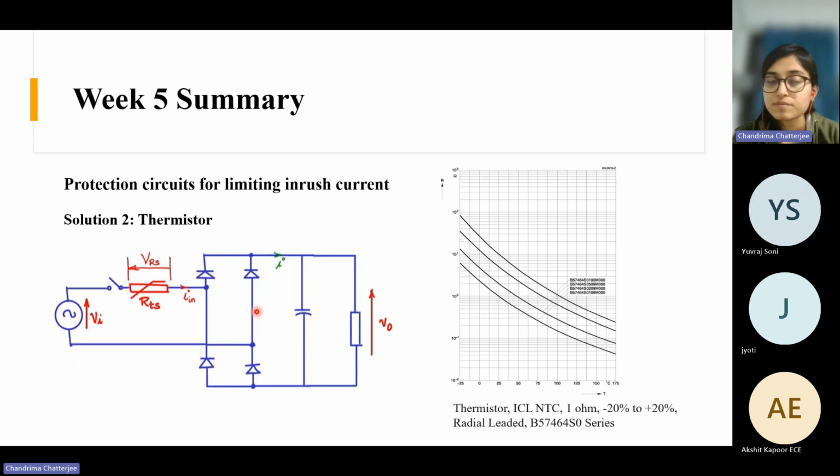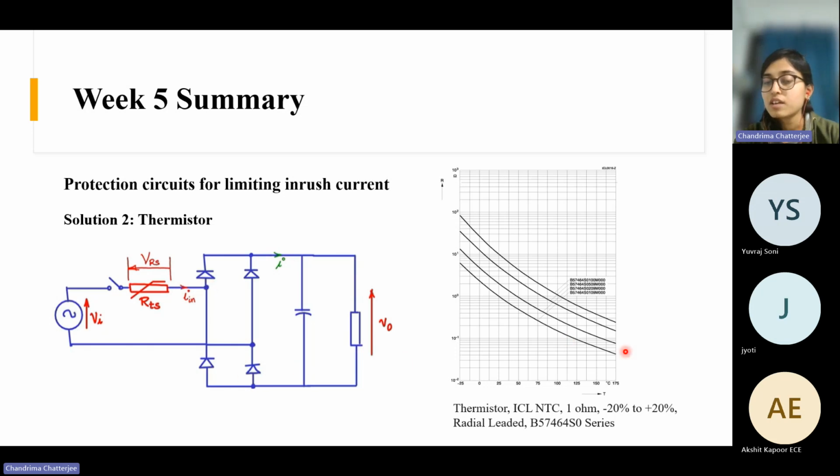That is the advantage. But there is one concern. Suppose there is some fault and your power goes out, so now there is no current. But after some time, if the power comes back, the resistance value has not regained its initial value, the resistance is still smaller, so it can't limit the current.